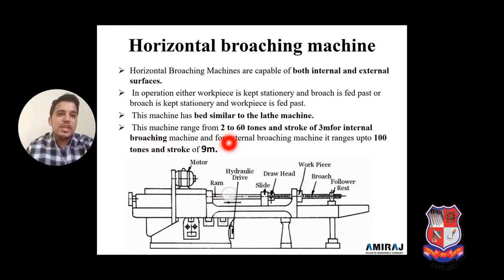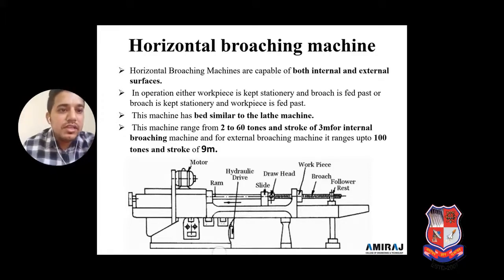In this machine, the range is 2 to 60 ton with strokes up to 3 meter for internal broaching, and 100 tons can stroke up to 9 meter. So we can provide heavy machinery work on a horizontal broaching machine. If we have large size workpieces and they require the broaching operation, then we can select the horizontal broaching machine for different internal as well as external broaching purposes.